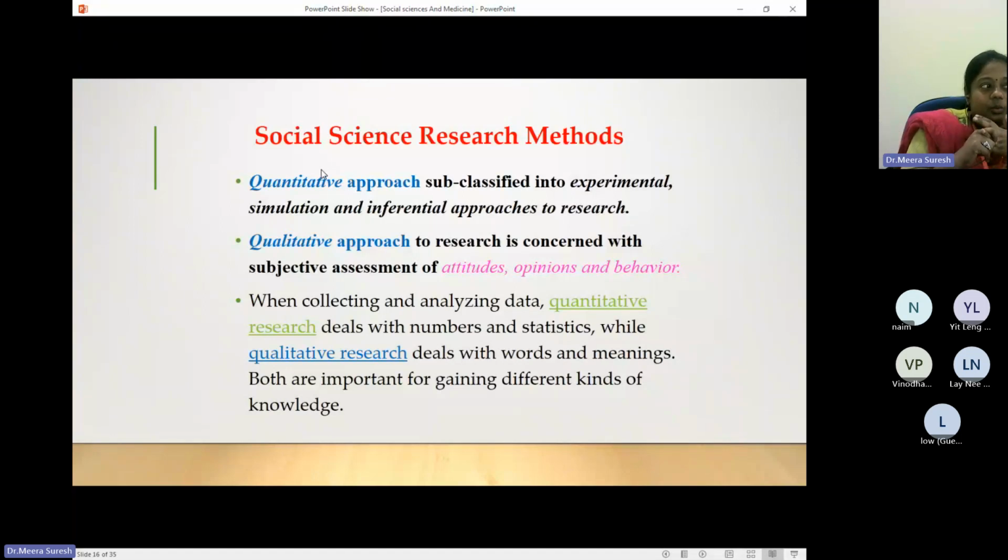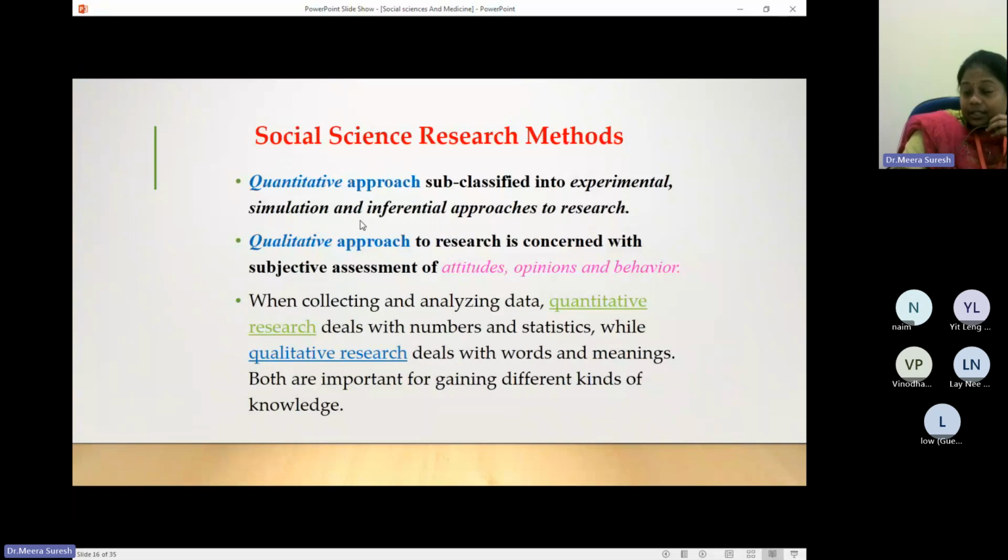When you go to purchase something from a grocery shop, you give a quantity: buy 1 kilo of sugar, or 2 packets of noodles. A number is given, a quantity is given. That's the same idea with regard to the quantitative approach. You're giving a number, some numerical things are coming. So wherever numerical things are coming, that will be quantitative research.